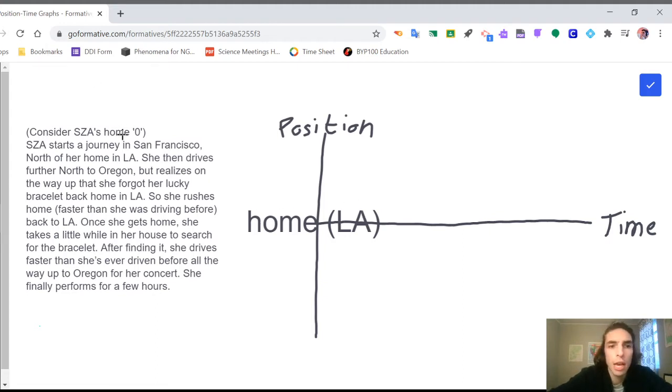Now, I see a lot of norths and souths in here, or at least maybe norths. As a reminder, when someone or an object is moving north and south, the general sign convention is that north is positive and south is negative. That's only because if we think about our compass rose as a coordinate plane, north is kind of like up on the compass rose, and up we know is positive on a coordinate plane, and south would be the opposite.